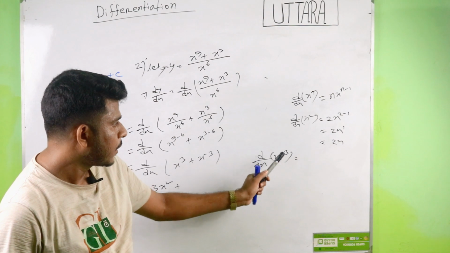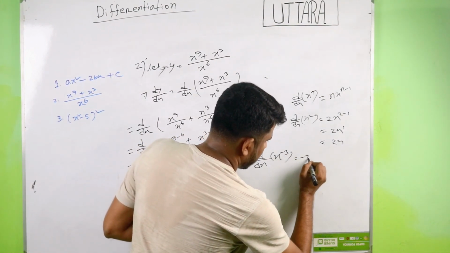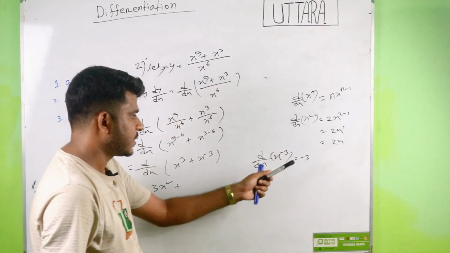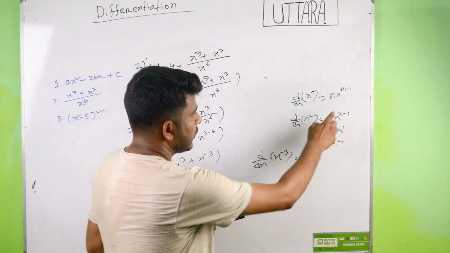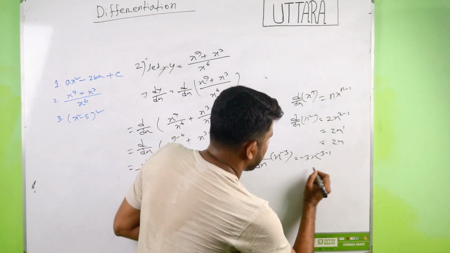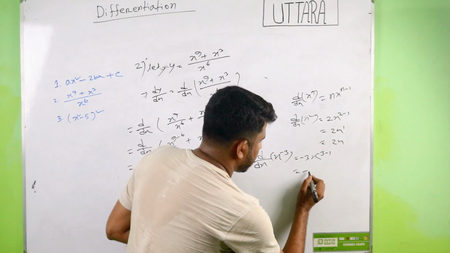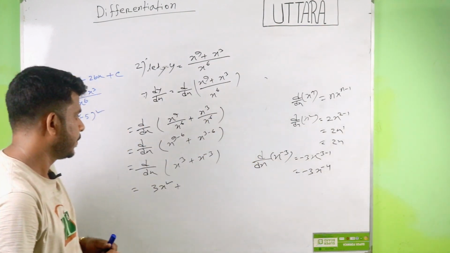Using this formula, the power comes in front, minus 3, and the power is reduced by 1, minus 3 minus 1, so we get minus 3 x to the power minus 4.